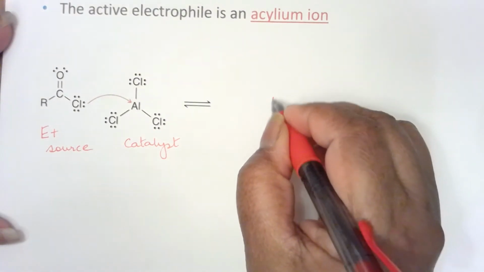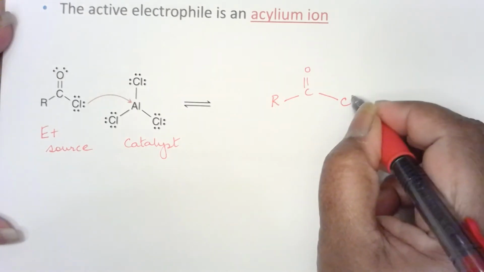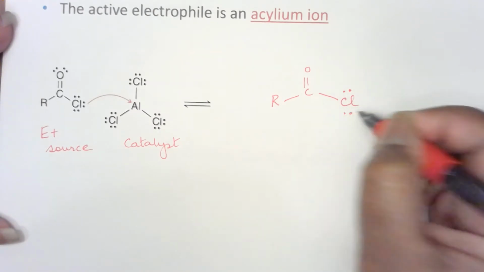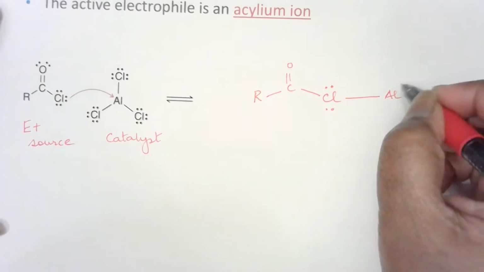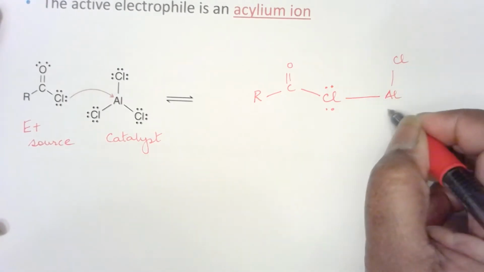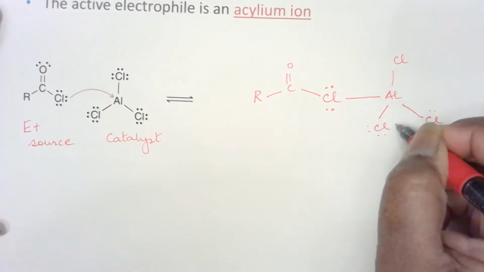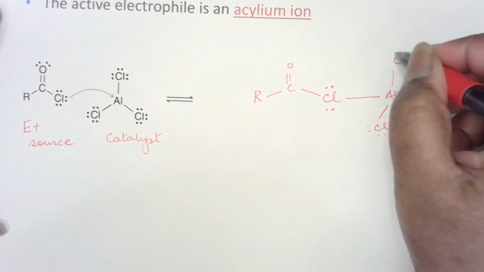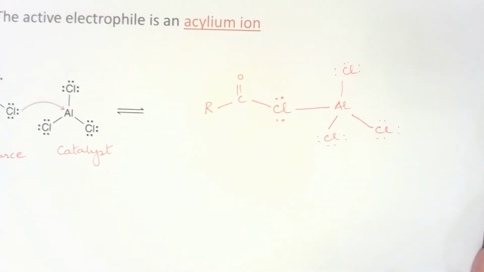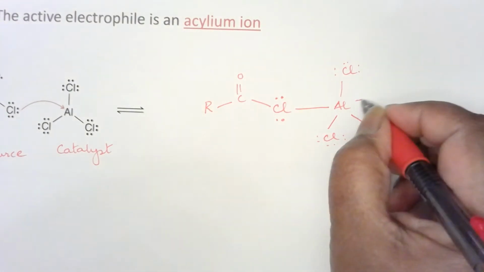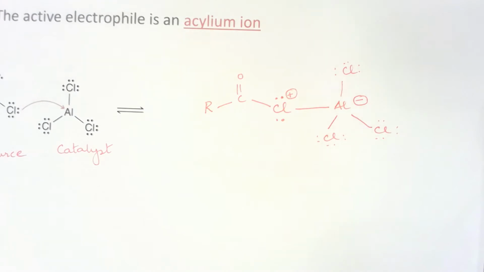So the initial reaction involves the Cl donating an electron pair to the Lewis acid catalyst. Showing the electron dots around all the other chlorine atoms. And this is a negative. This is a positive, like in the other cases.